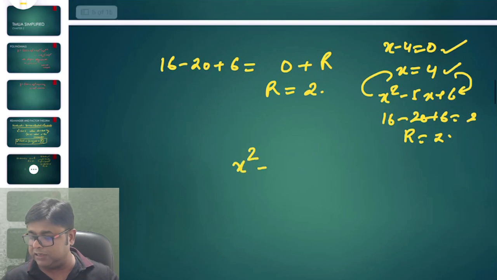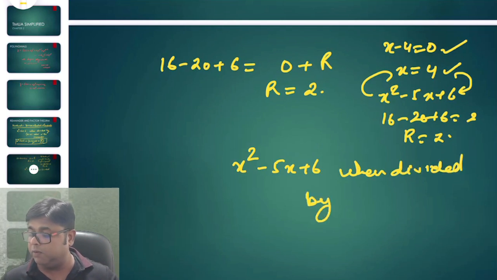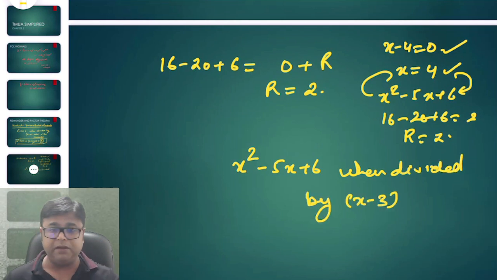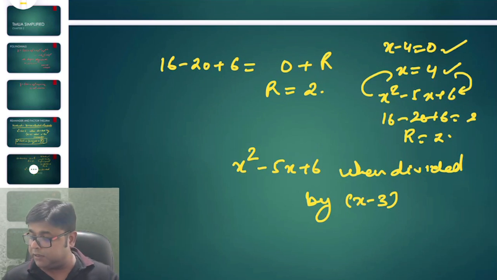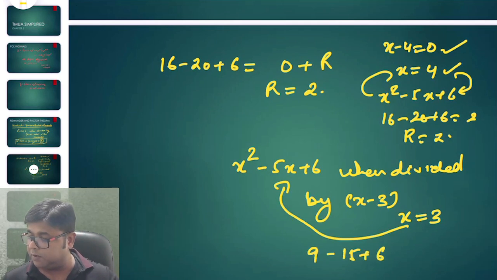If I say x square minus 5x plus 6 when divided by x minus 3, what is the remainder? Same thing. As a part of the process, I'll put x equal to 3 in the dividend. I get 9 minus 15 plus 6, which is 0.